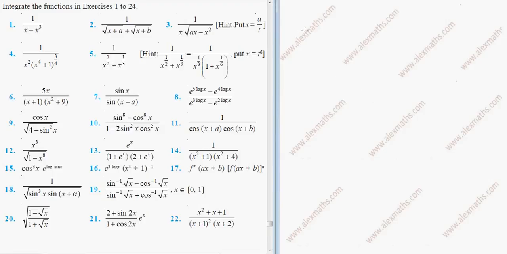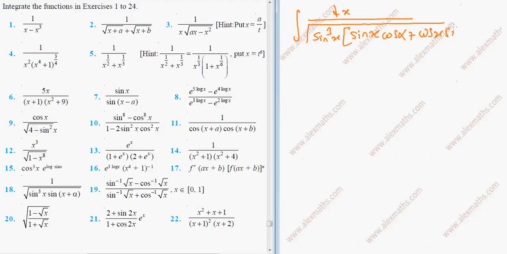This denominator sin x plus alpha should be expanded first. So before that I will write sin cube x as it is. This is sin a cos b plus cos a sin b formula I applied. From this you take sin x out.